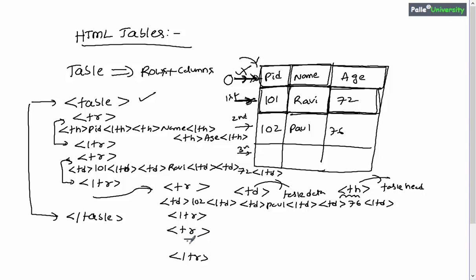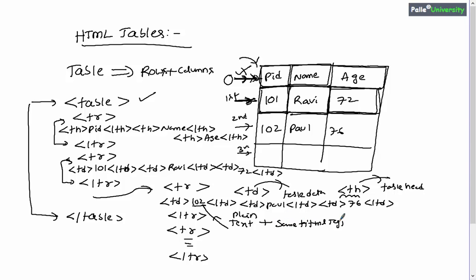Something like this. Even inside this row, if you want, you can create multiple tds. Remember one important point: inside this td you are not only allowed to give plain text. This is just plain text, but you are allowed to even write some HTML tags.